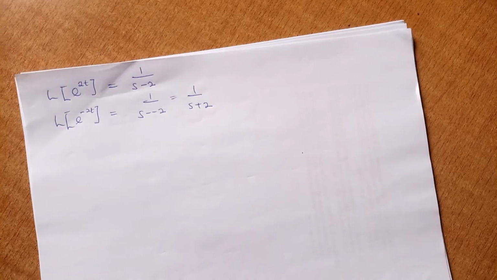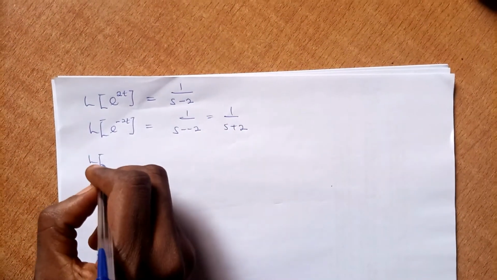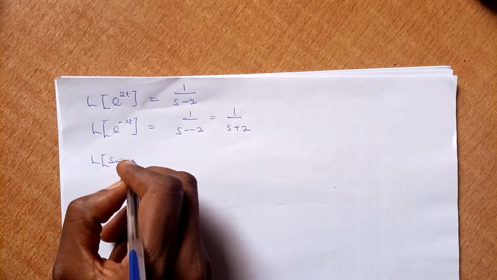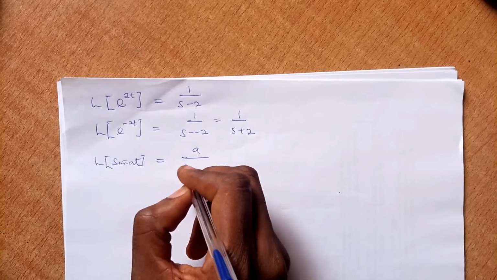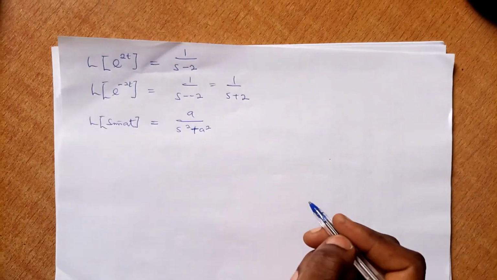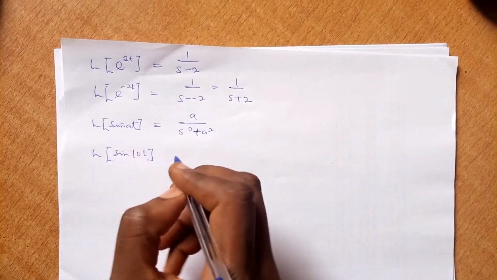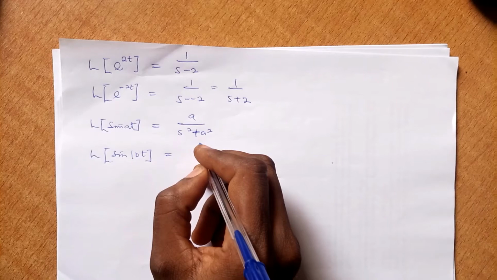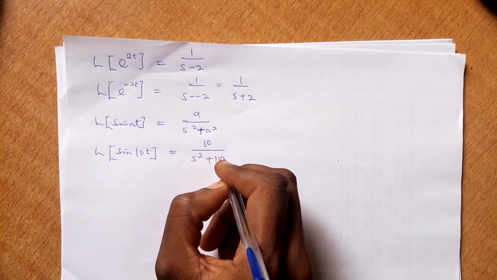Okay, so that is not all. We also considered in last class Laplace transform of sine and cos. So let's say Laplace transform of sine at is equal to a over s squared plus a squared. Then what about Laplace transform of sine 10t? It will give us 10 over s squared plus 100.